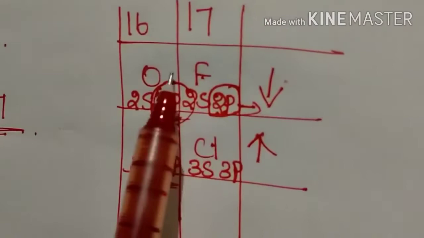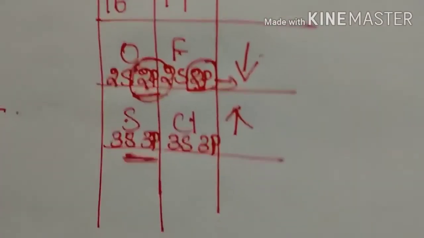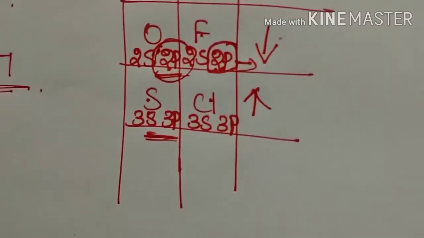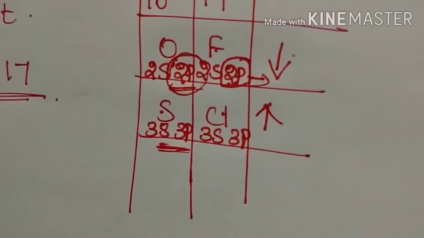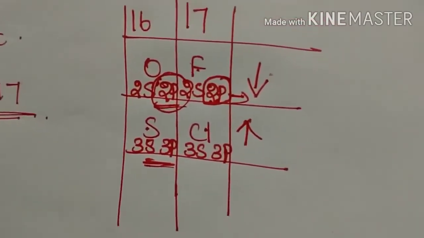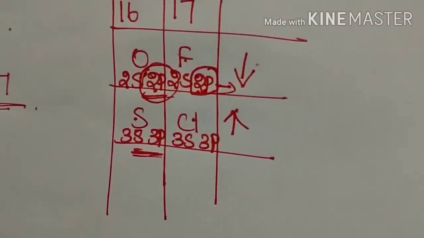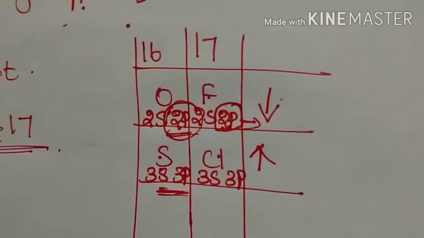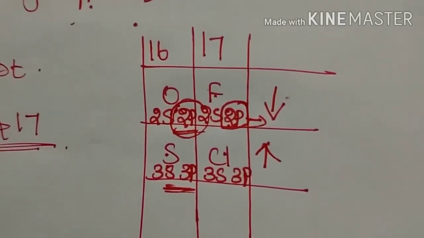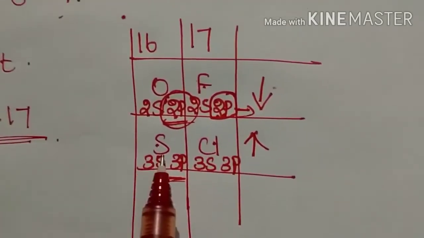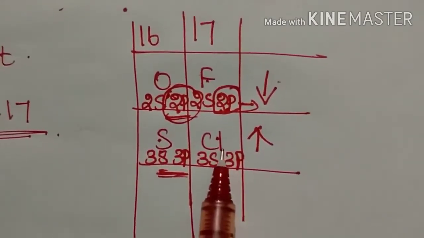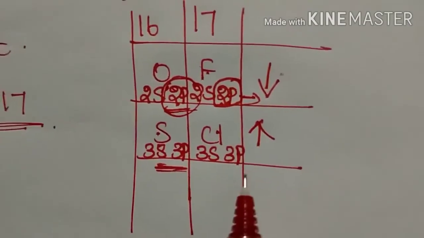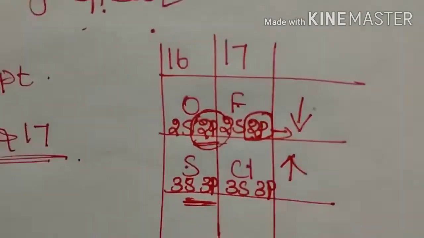So oxygen and fluorine have smaller size and high electron density. Because of this, oxygen and fluorine have lower electron affinity than sulfur and chlorine.